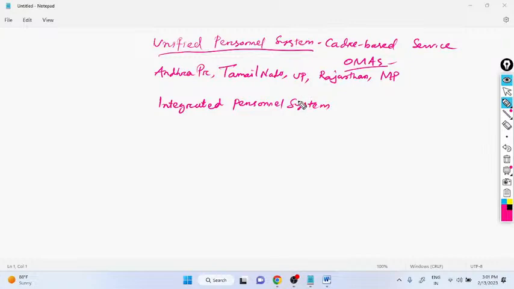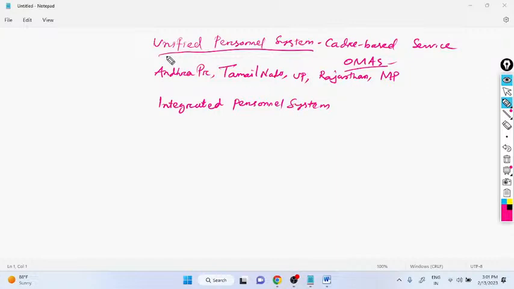Under this system, the personnel of the state government and those of the local bodies form part of the same service. In other words, the municipal personnel are members of the state services. They are transferable not only between the local bodies in the urban areas, but also between local bodies and departments of the state government. Thus, there is no distinction between local civil service and state civil service.